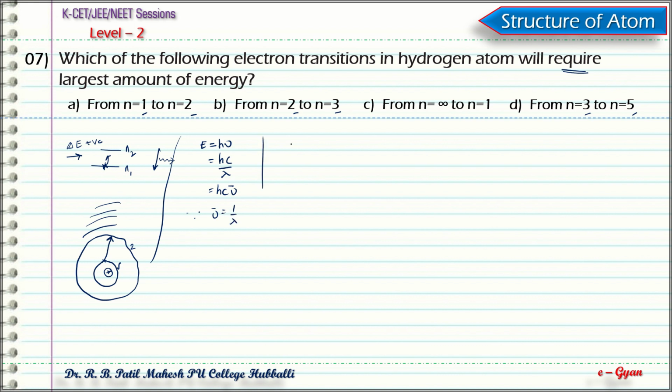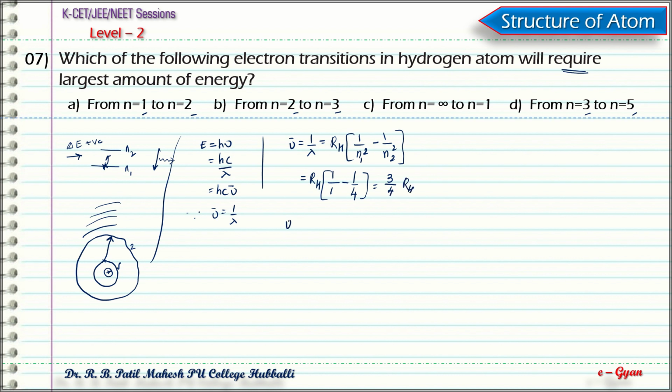And we also learned that nu bar is equal to 1 by lambda, which is equal to RH into the bracket 1 divided by n1 square minus 1 divided by n2 square. Substitute the values of options A, B and D, we can get the answer. So nu bar is equal to RH into the bracket 1 divided by 1 square is 1 minus 1 divided by 2 square is 4, which is equal to 3 divided by 4 times RH.